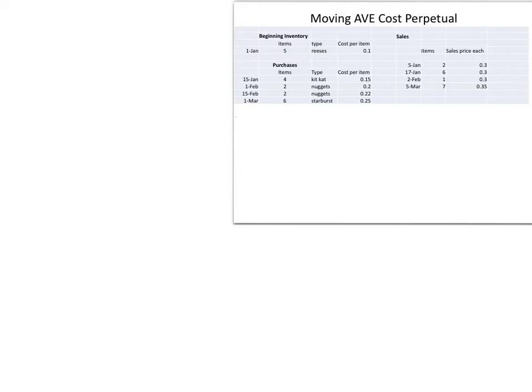So let's just figure out what our average cost is for each stage of the game, and then we'll be able to add up our cost of goods sold.